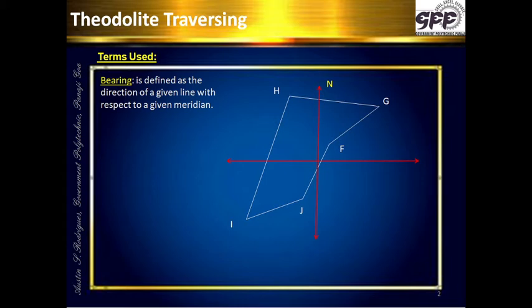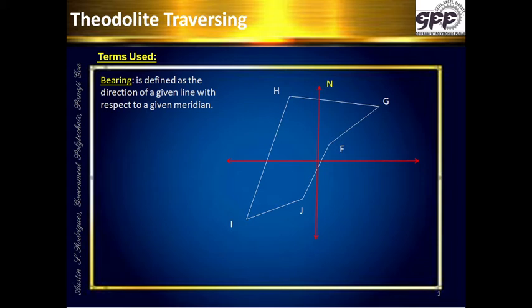In order to understand that, first term which we need to understand is the term bearing. Bearing is defined as the direction of a given line with respect to a given meridian. Now, in compass surveying, we understood meridian as the north-south direction.